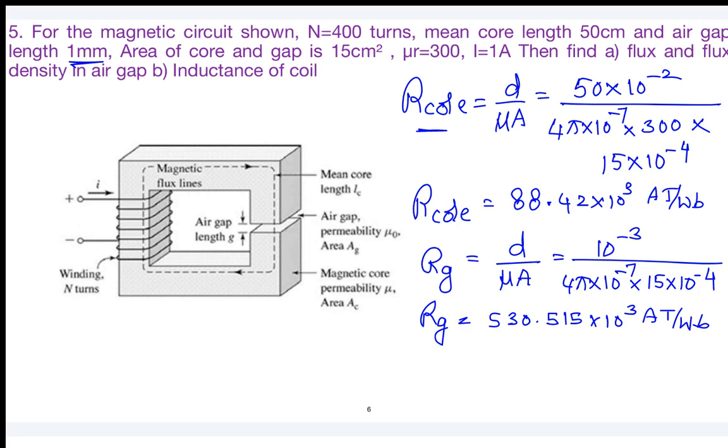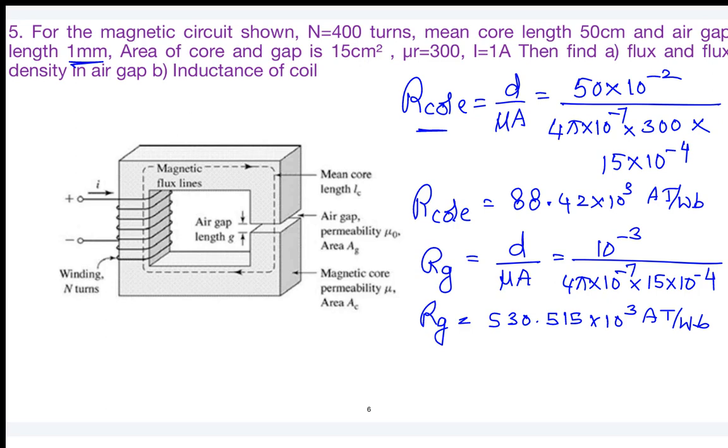Then you can cross check where the mistake is. Others, cross check that. Is the value the same or different? If it is wrong, you can correct me, no problem. Yes, sir, it's 530.51. Yes, the 10 power 3 is there.